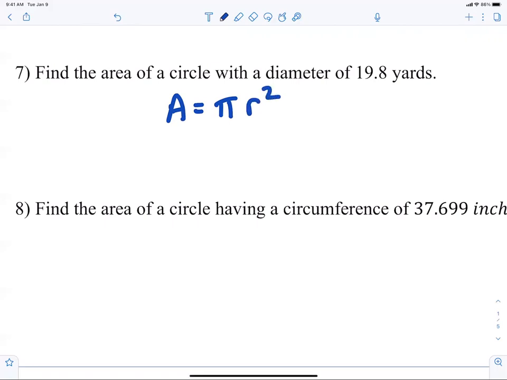Okay. So what do you think I should use in here? The diameter or the radius? Radius. Yeah, I think that's a good idea. So what's the radius? 9.9. That's correct. So now what do I do?